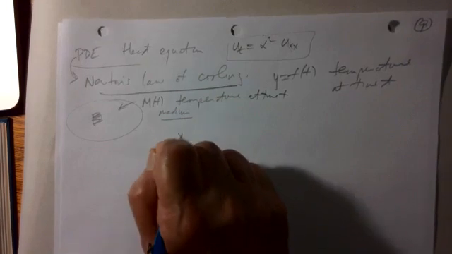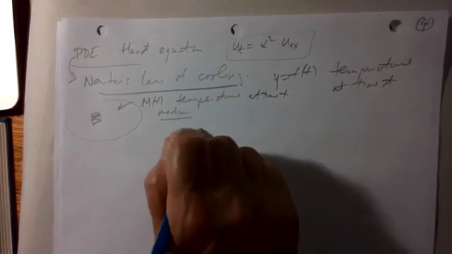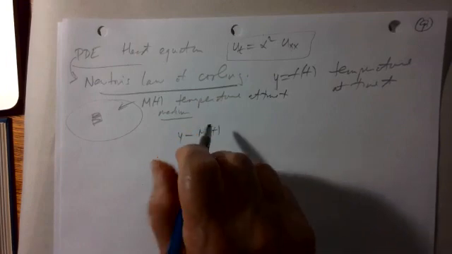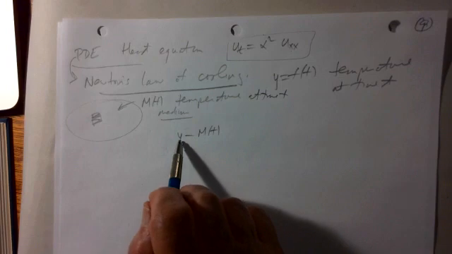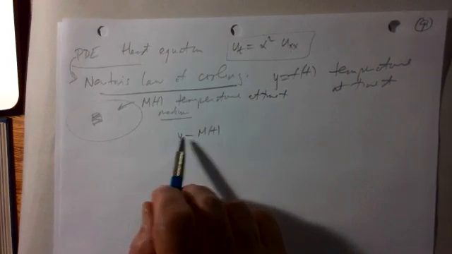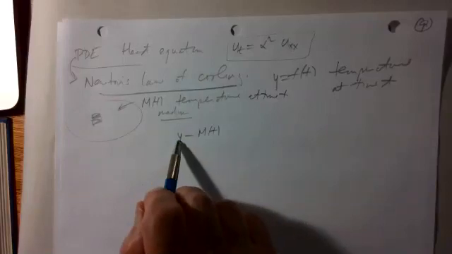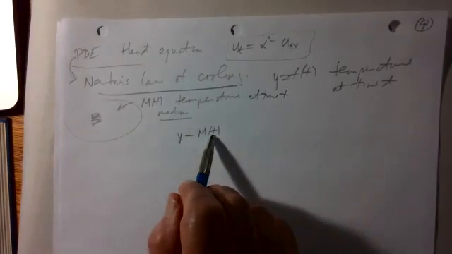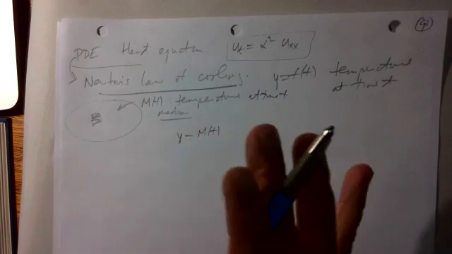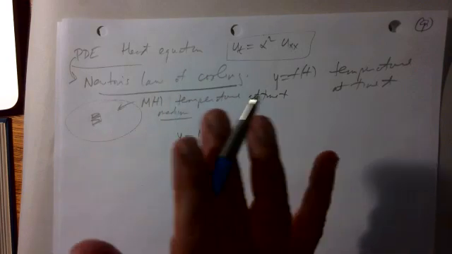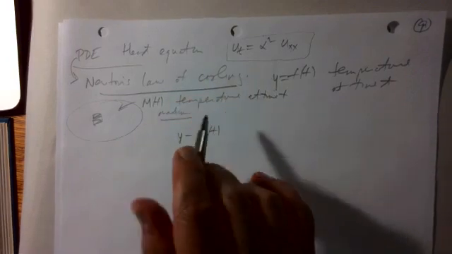So if y of t is the temperature of the body and M of t is the temperature of the surrounding medium, this is the temperature difference between the body and the medium. Now, suppose the body temperature is hotter than the temperature of the medium. This is going to be positive. You think of the medium as being so big, the temperature isn't going to change very much.